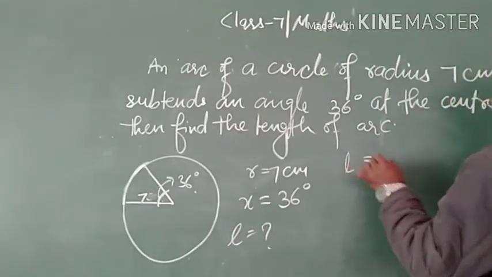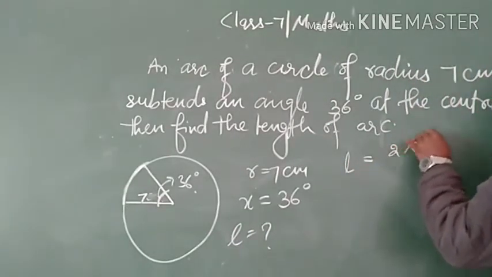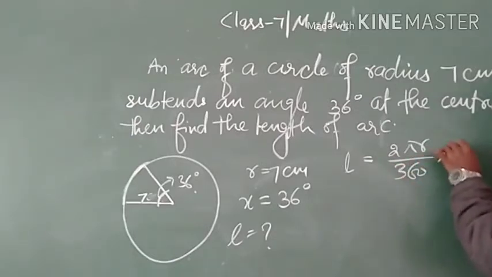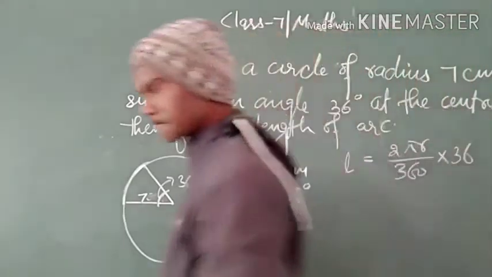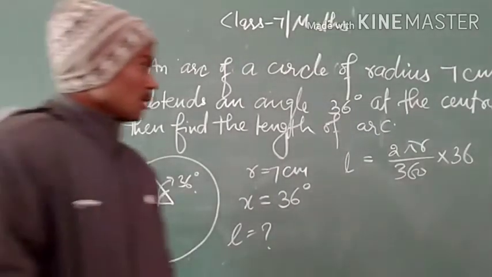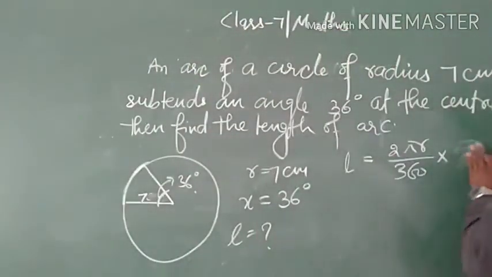The length of the arc is equal to 2 pi r upon 360 degree multiplied by 36. Sorry, we can write the formula with x degree. So this is the formula, and here we shall put the values.